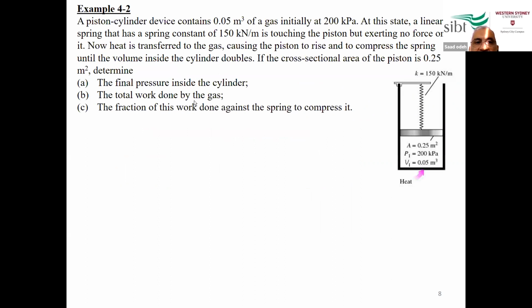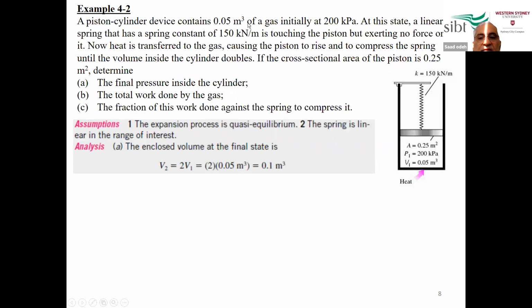Right, so let's have another example here. In this example, again, we have a piston and cylinder device, and we know the volume of the gas.